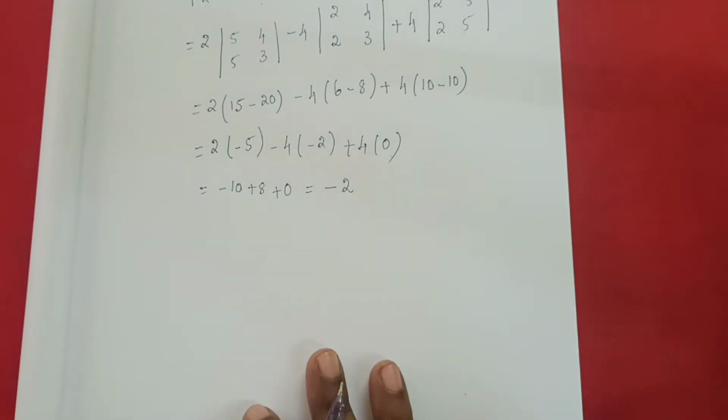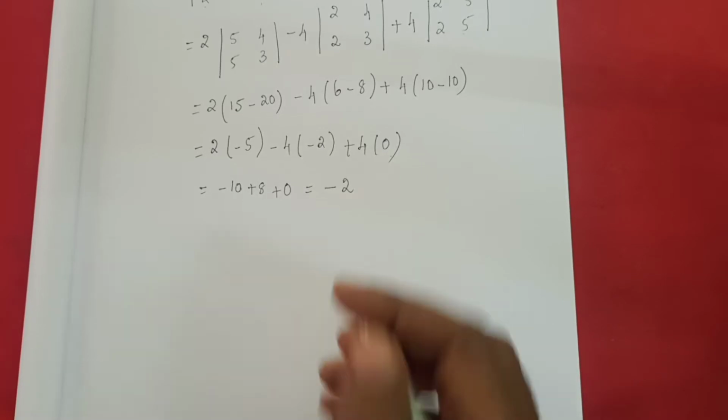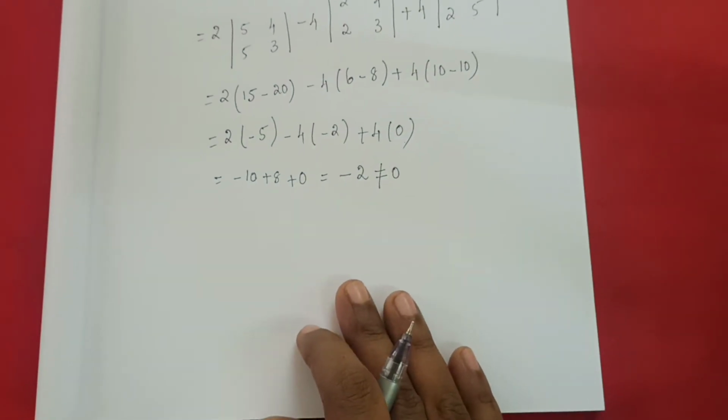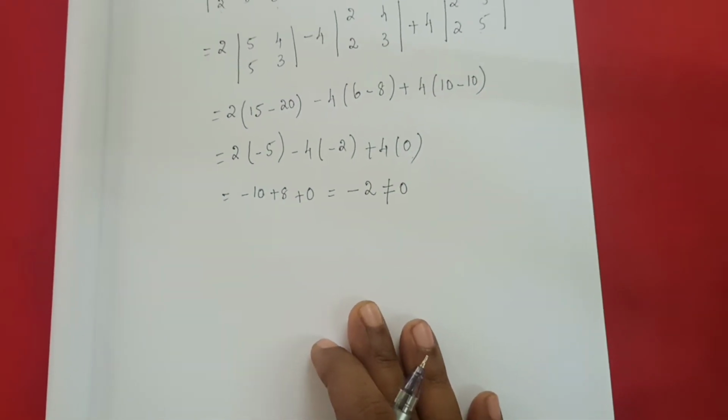Whether it is equal to 0, I already explained in the last class. If the determinant value is equal to 0, we will conclude that the given matrix is a singular matrix, so the inverse won't exist. Here it is a non-singular matrix, therefore we will continue. Minus 2 is not equal to 0, therefore the inverse will exist.